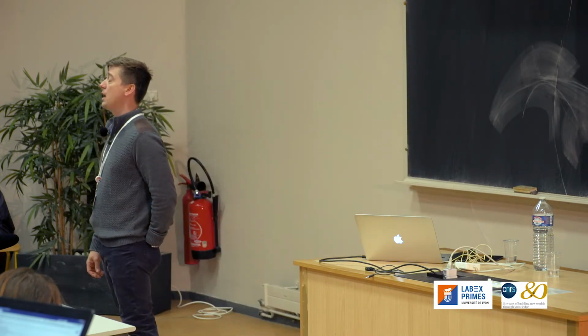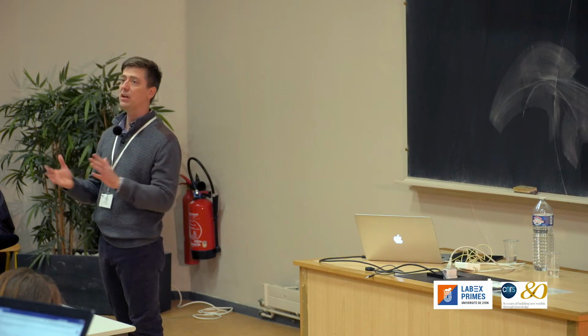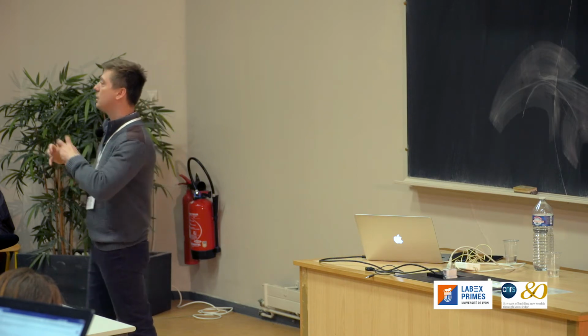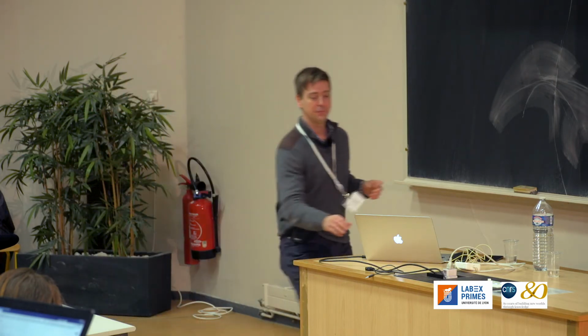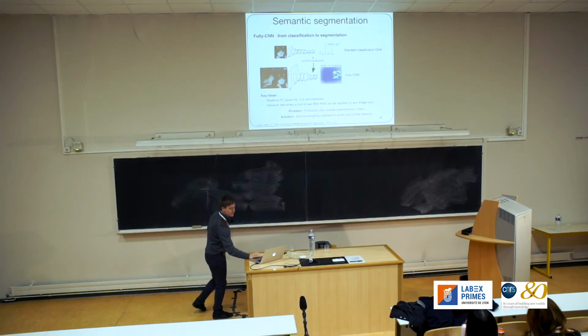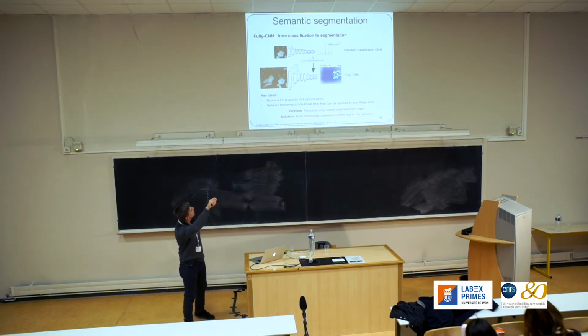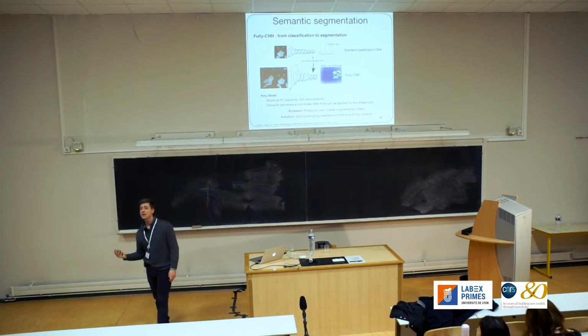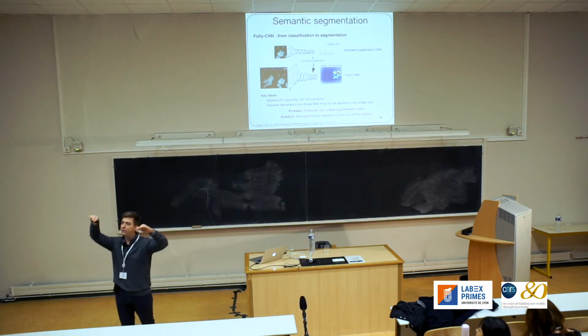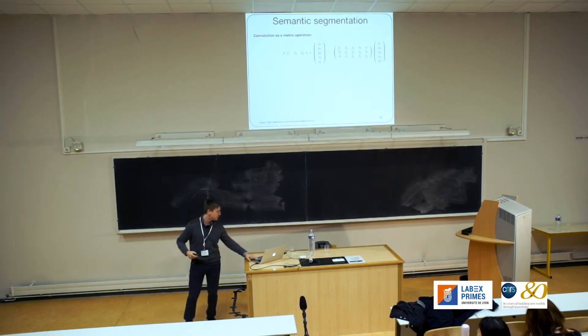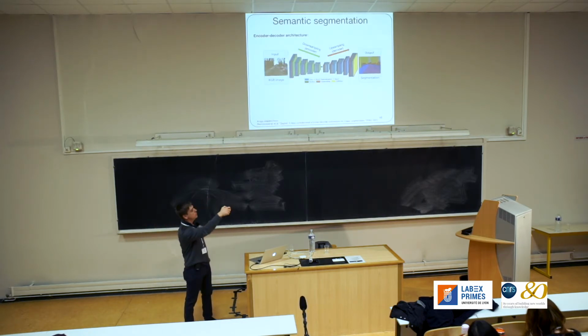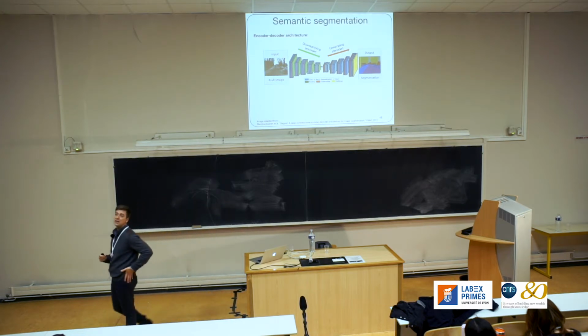With interpolation you would probably get a very blurry version, whereas if you use transpose convolution as an upsampling technique, you can recover very nice edges, like what you see here. This is not blurry at all. This is a very sharp segmentation mask.